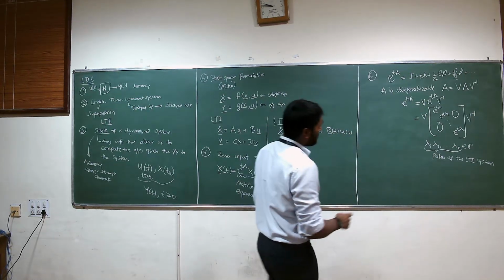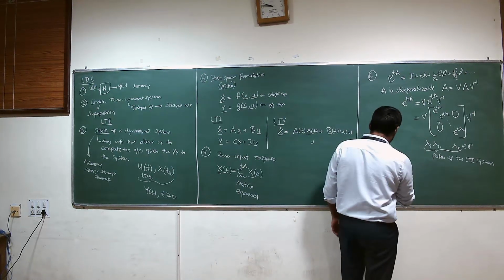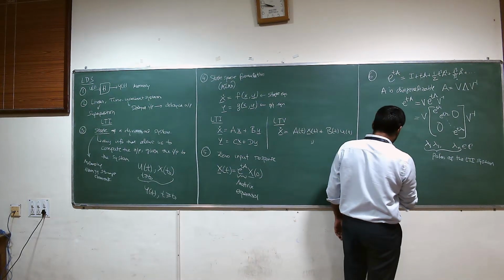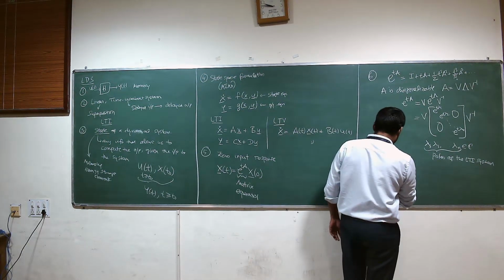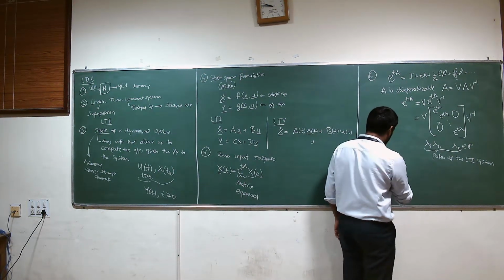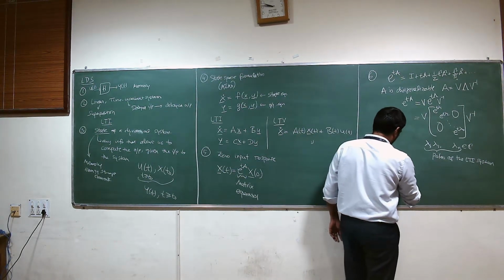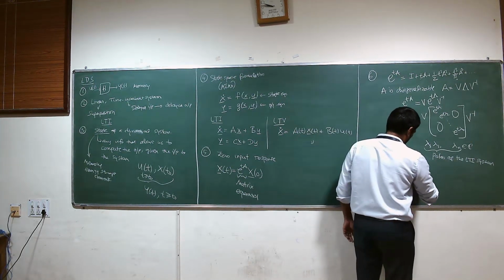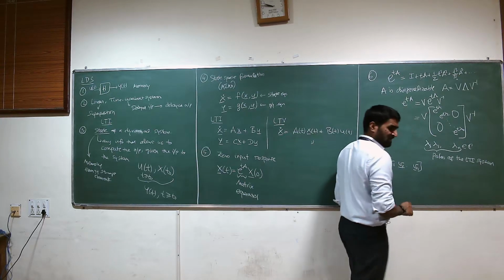Right? Now, if that is the case, let's say we say the columns of V are V1, through Vn. Okay.